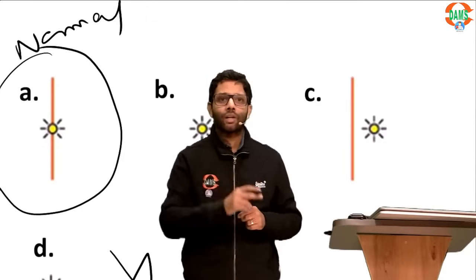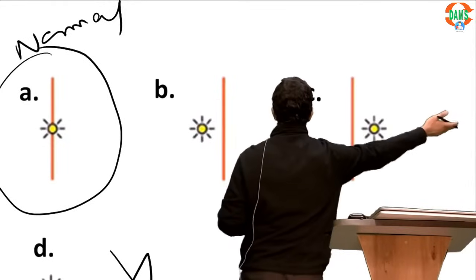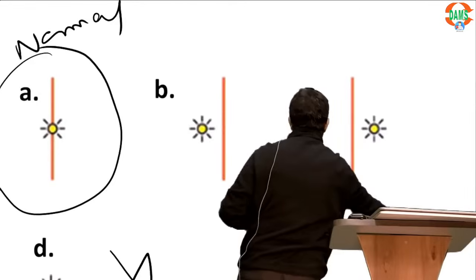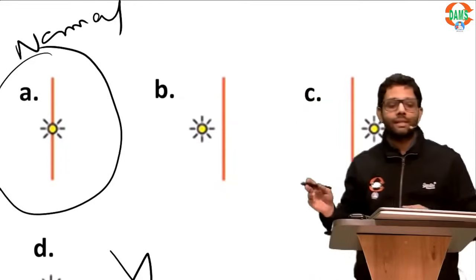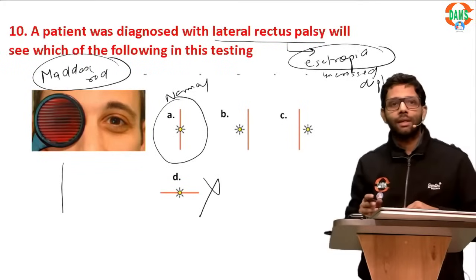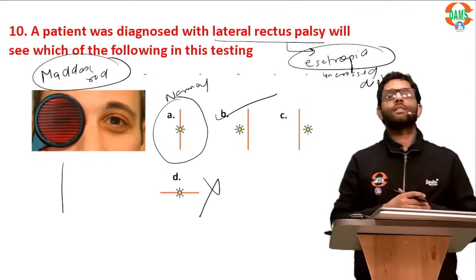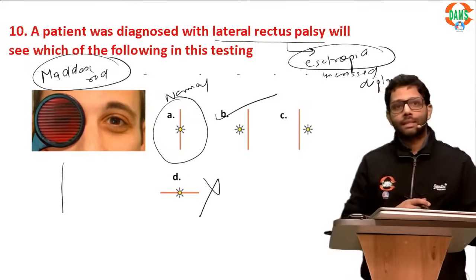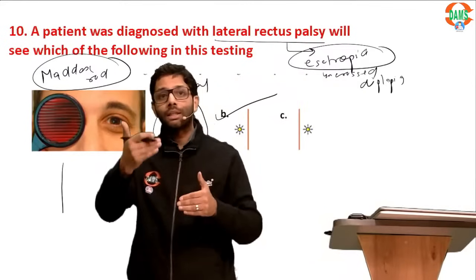And you are wearing the Maddox rod on the right side, so the line should also be on the right side. Patient's view like this: line on the right side, torchlight on the left. Which is the answer? B is the answer. In B, the line is on the right side because it is uncrossed diplopia. C is crossed diplopia, that is exo. So that was a multiple-level question.